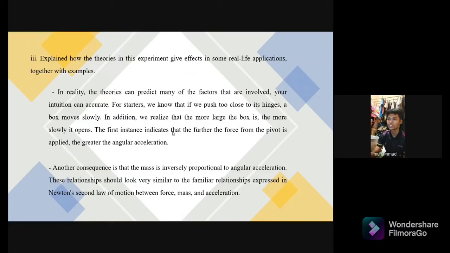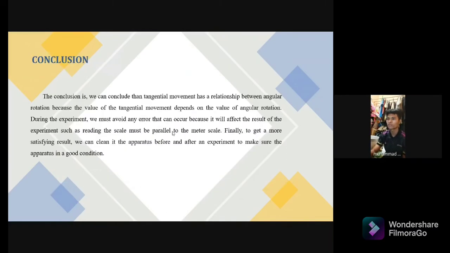The first instance indicates that the farther from the pivot the force is applied, the greater the angular velocity and angular acceleration. Another consequence is that mass is inversely proportional to angular acceleration. This relationship looks very similar to the familiar relationship expressed in Newton's second law of motion between force, mass, and acceleration.